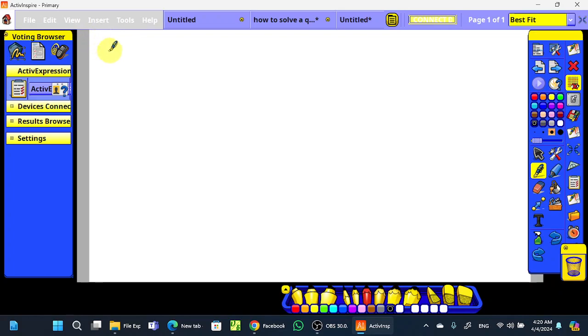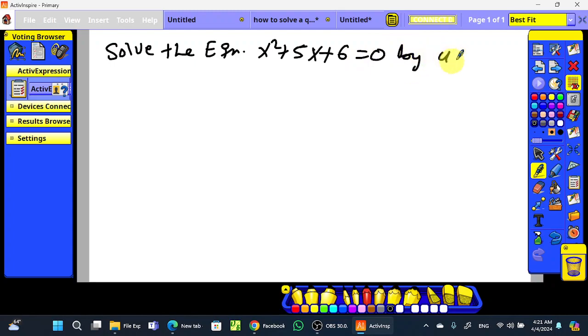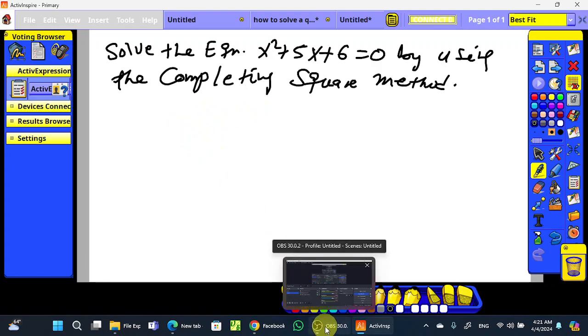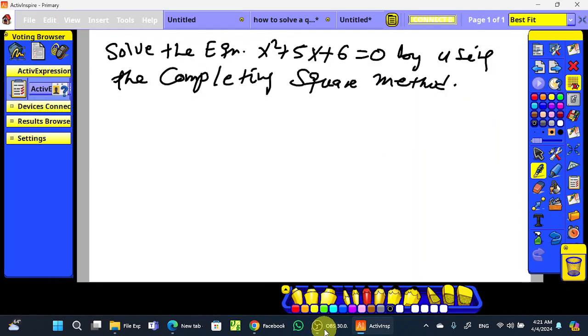Solve the equation x squared plus 5x plus 6 is equal to 0 by using the completing the square method.